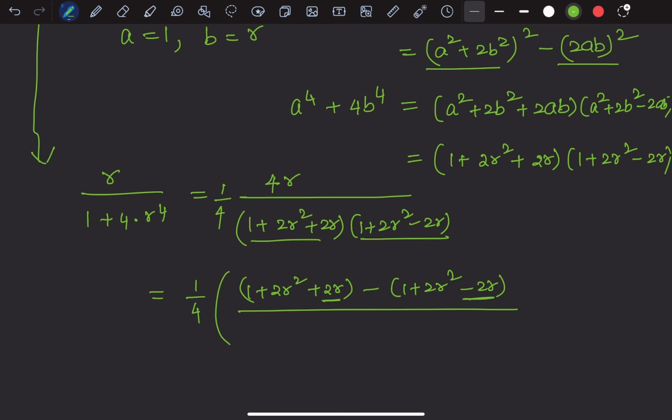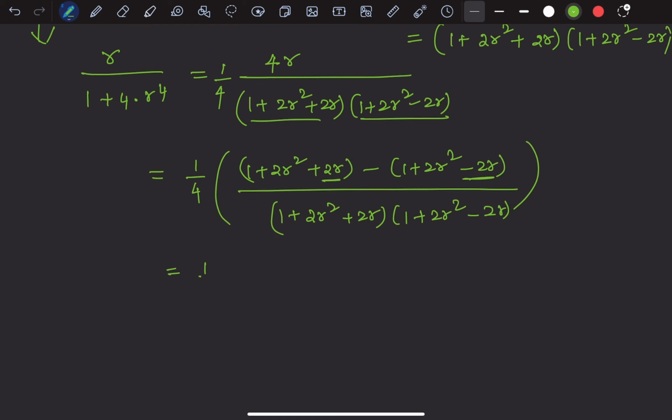So total will be 4r by (1 + 2r^2 + 2r)(1 + 2r^2 - 2r). Alright, so this will be 1 by 4. When you split the fraction, you will get 1 by (1 + 2r^2 - 2r) minus 1 by (1 + 2r^2 + 2r). So this is the general term.